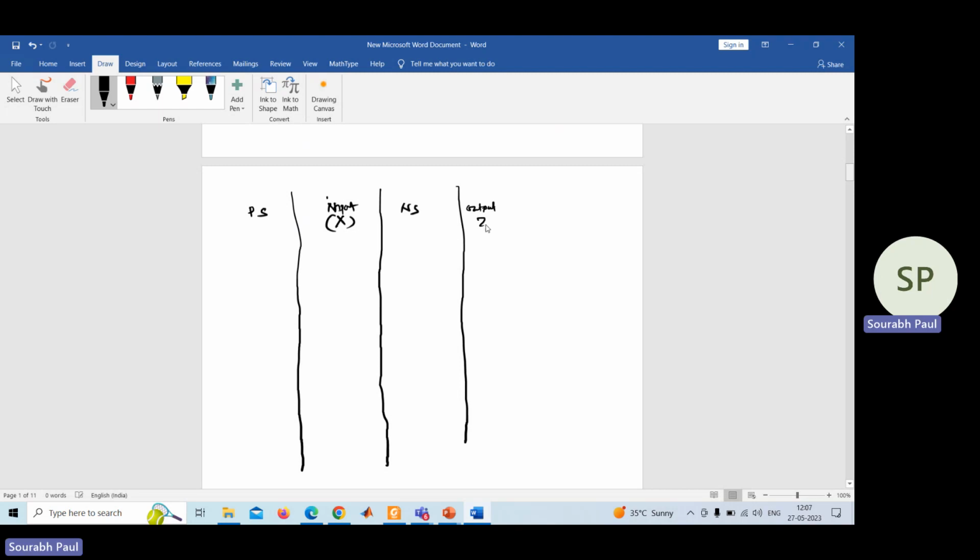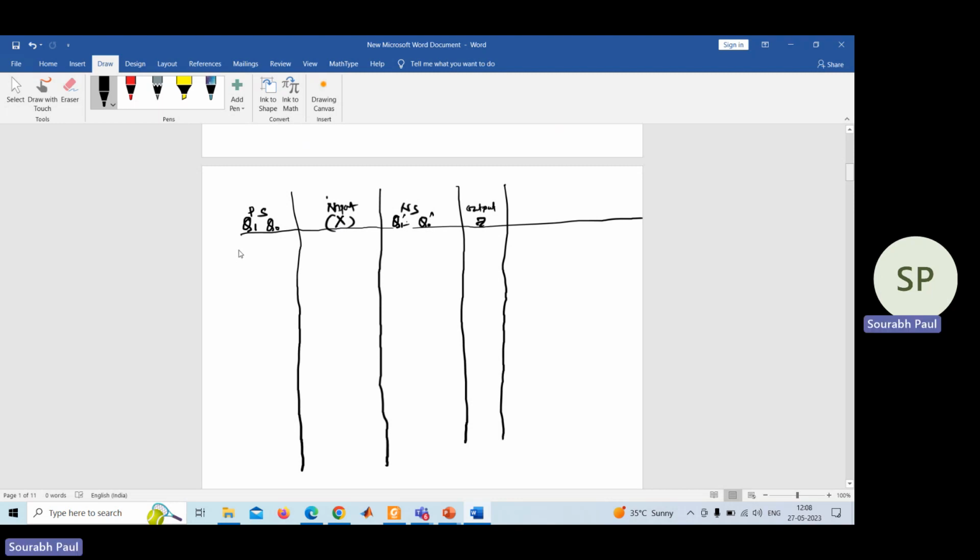So I'm considering Z as my output. And I shall use JK flip-flop to implement this circuit. So I can write it down Q1, Q0, and next state is Q1 dash, Q0 dash.